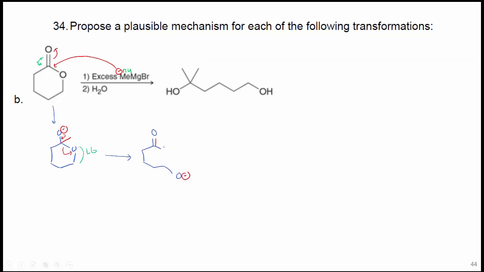And there's a new double bond formed there. If you want to keep tabs of your carbons, you can just number those. So we still have more Grignard reagent floating around.